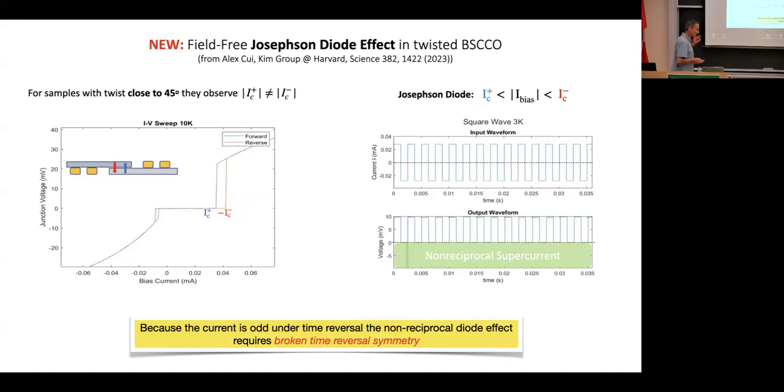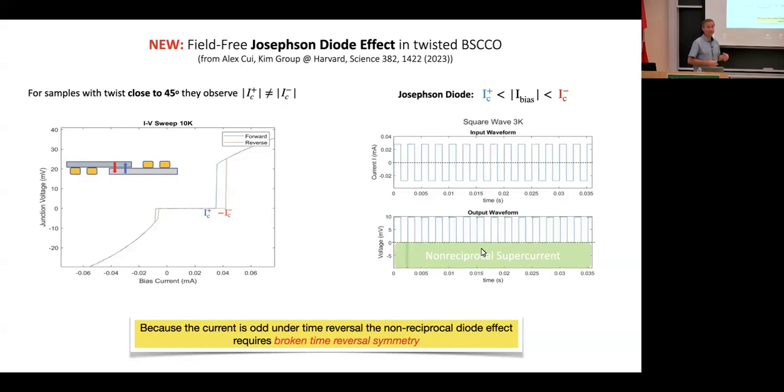It's a very simple proof that has 2 lines, which says that if the time reversal symmetry is respected, then the current has to be reciprocal in this type of a situation. You can use this non-reciprocity to do this cool rectification experiment when you apply a series of pulses to your junction in current, and then you see voltage only on the positive side.